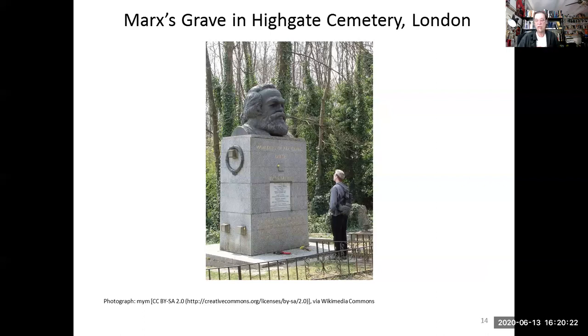In the 1960s, a spiritualist in London made the claim that there were vampires in this cemetery, and many people believed him. A mob showed up at the gates of the cemetery with axes, knives, garlic, planning to go into the cemetery and deal with the vampires.